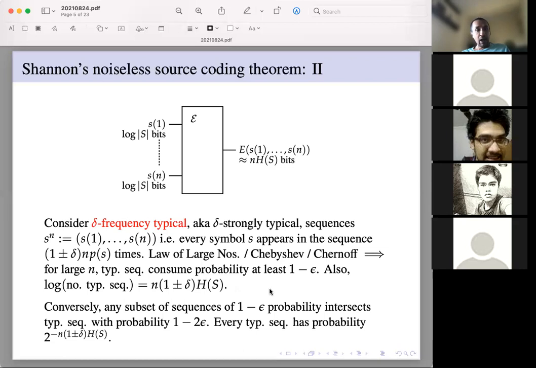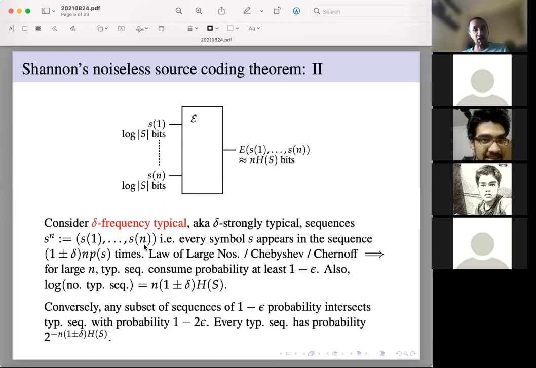Okay. And furthermore, you can also prove that the log of the number of typical sequences is roughly n times H(s). So it's between these two quantities. And conversely, any subset of sequences, okay, so remember there are lots of sequences. The number of sequences is 2 to the power n log |S|.